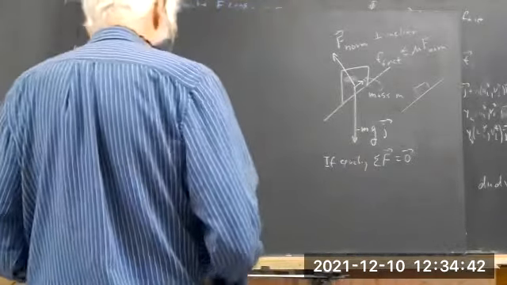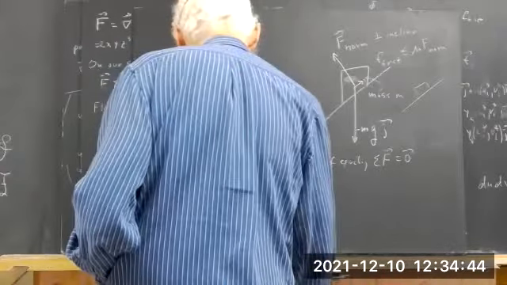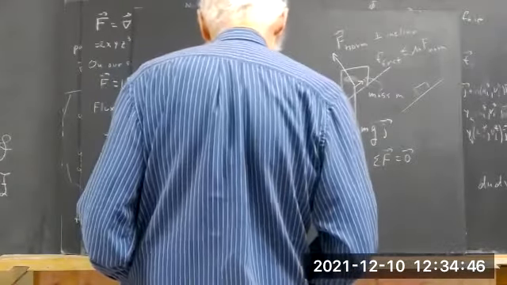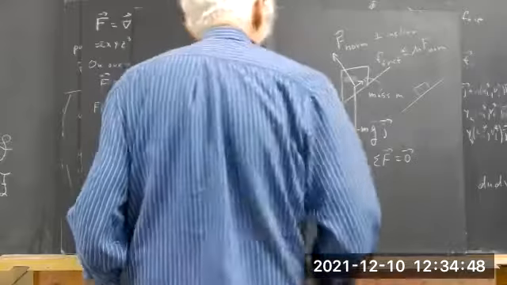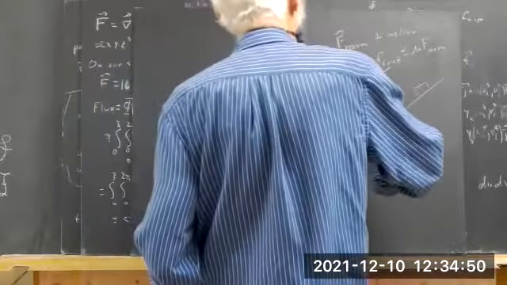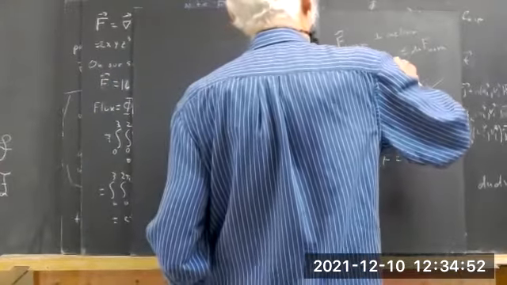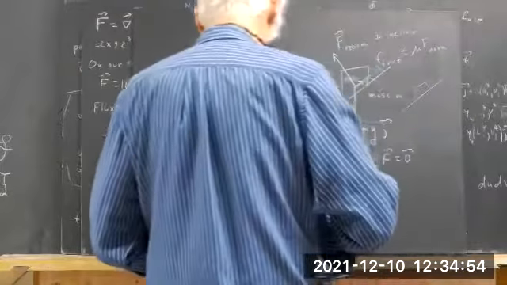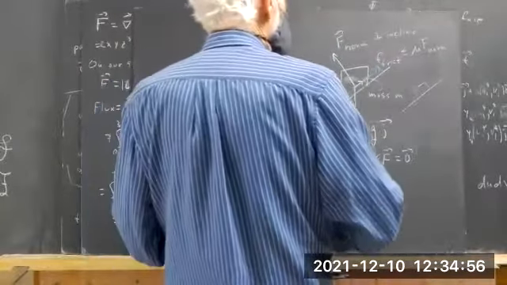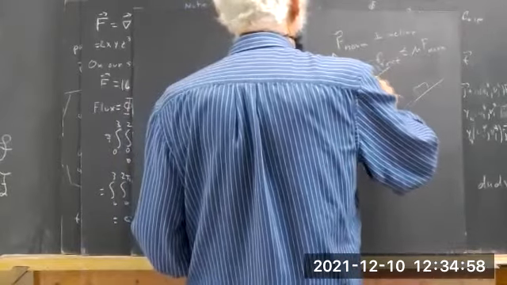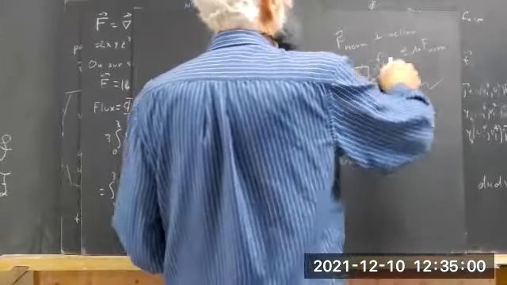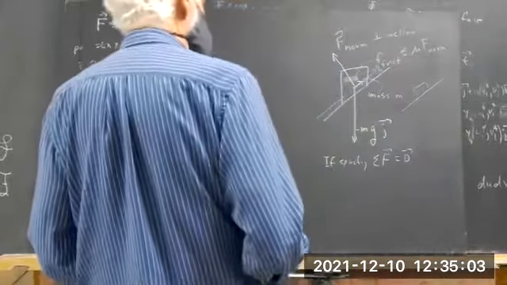Now, to analyze this, we impose the coordinate system. An x-axis here. Now things are getting confused. Let's make sure we understand that this vector here is your frictional force.